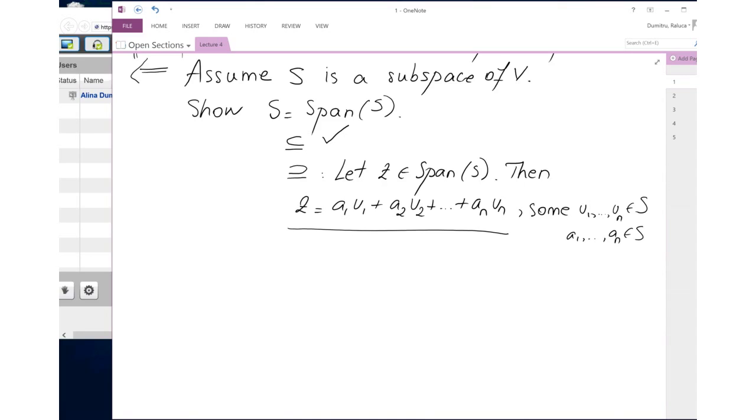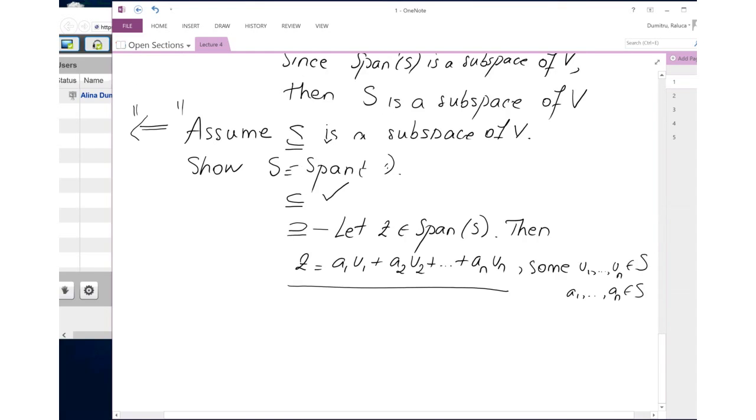Right, I have an additional assumption here: S is a subspace, so it's closed under addition and scalar multiplication, so it's closed under linear combinations.